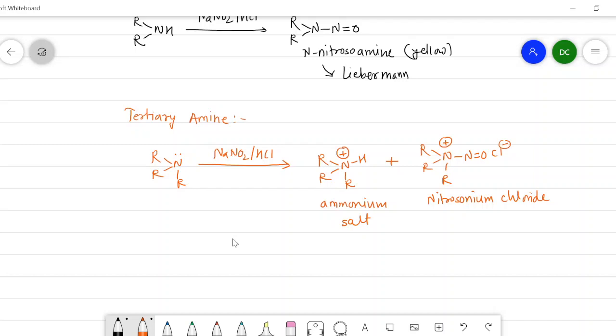And if an unstable diazonium salt is obtained, then it indicates that it is a primary aliphatic amine. So this is how we can differentiate different amines depending upon the products obtained. With this, we will wind up this lecture, and in the next video, we will see the electrophilic substitution reaction of aromatic amine.